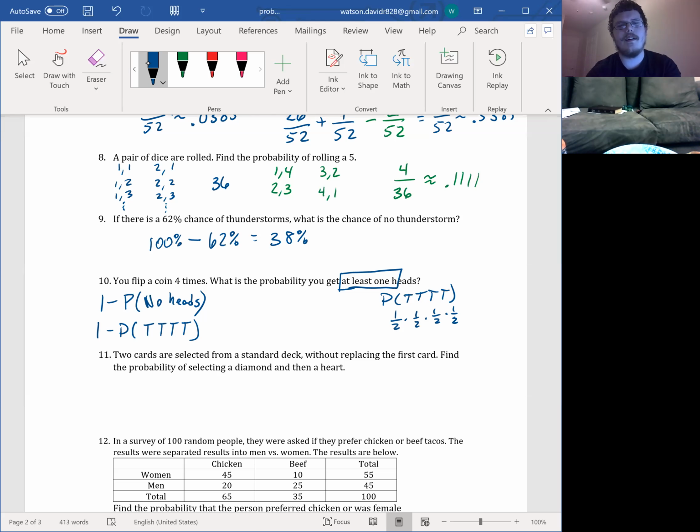All right, so that is 1/16. So it's going to be 1 minus 1/16, which is 15/16, which is 0.9375. That's our answer.